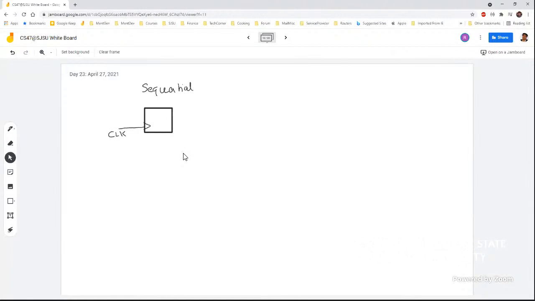So this component's operation really depends on the clock signal, and then it has just one bit, let's call it D for data, and it has a control signal, let's call it L. D is 1-bit data, and L is the control signal called load.